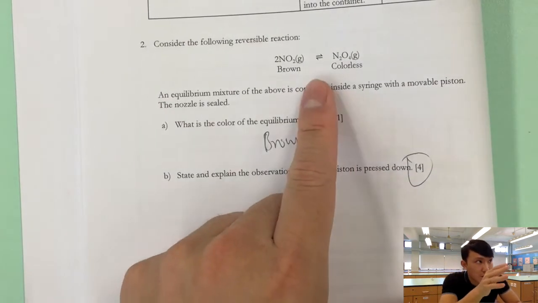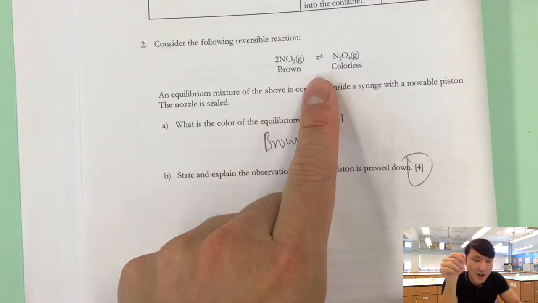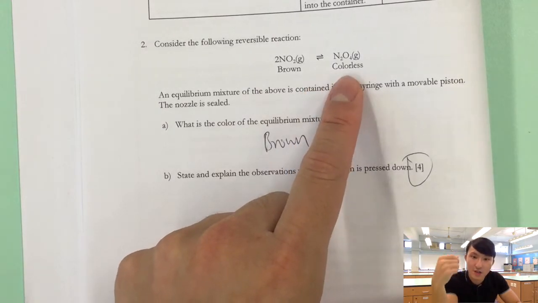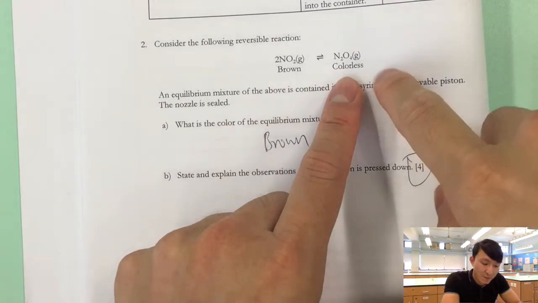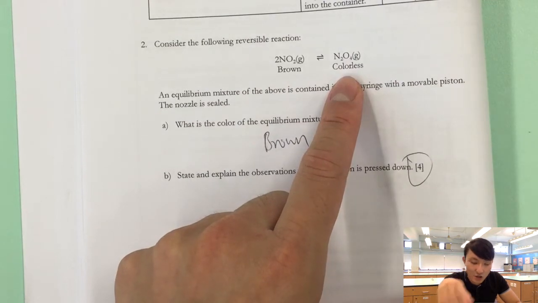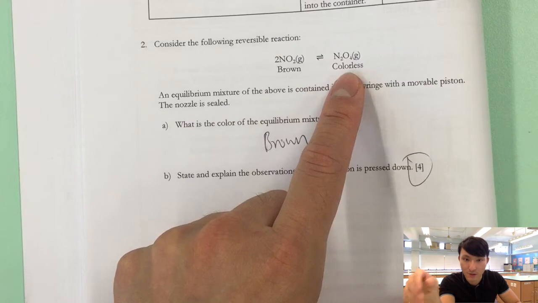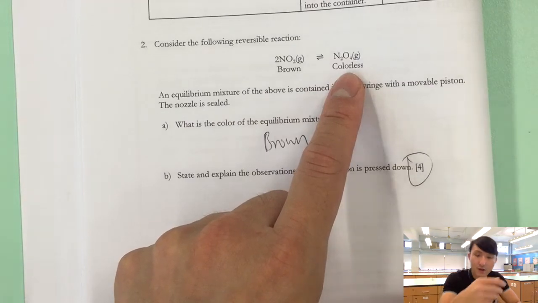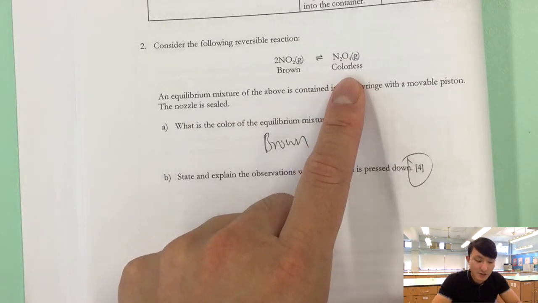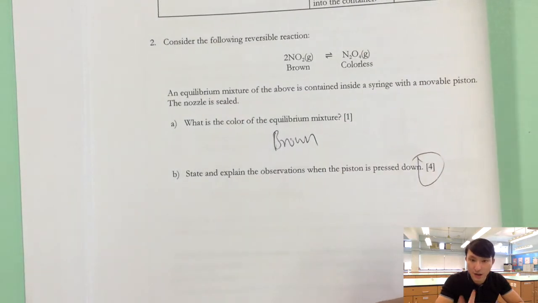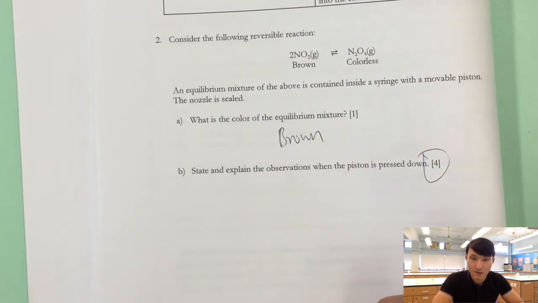So you will shift the equilibrium to the side where there are fewer gaseous molecules. In that case, that would be the right-hand side, the product side. So you will shift the equilibrium to the right because there are fewer gaseous molecules on the product side than the reactant side. Therefore, the pressure decreases. Now, if you answer it this way, you will get 2 marks, but you can't get 4 marks in total.